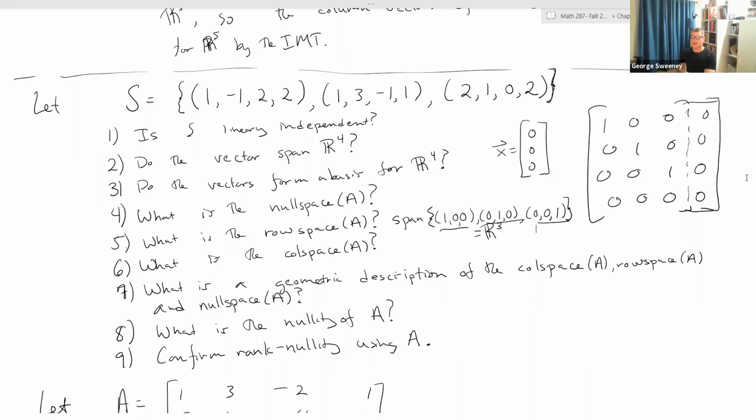Excellent. That's right. It's all three of them. That's going to be the column space of A.